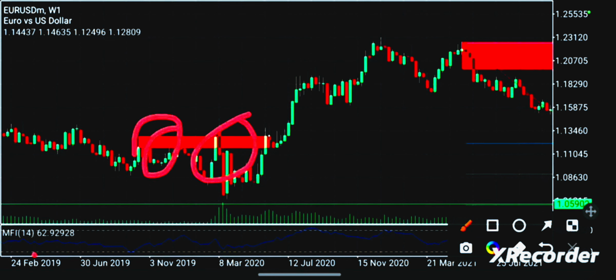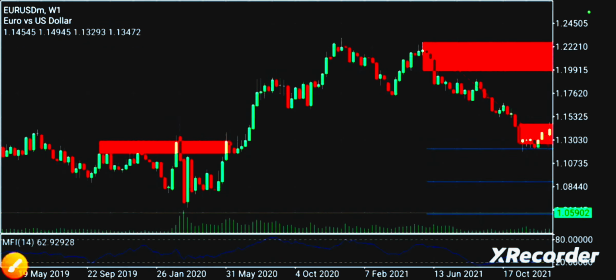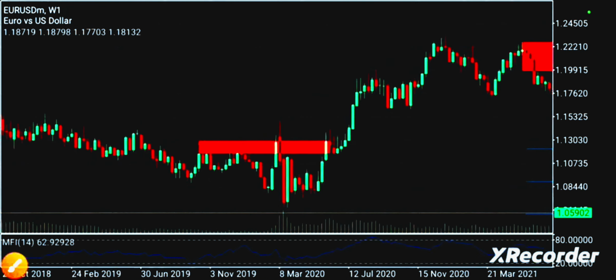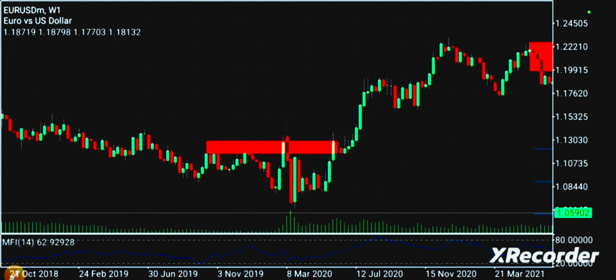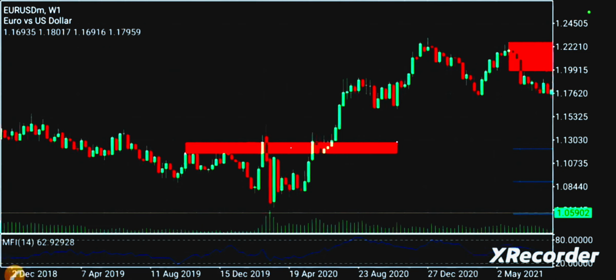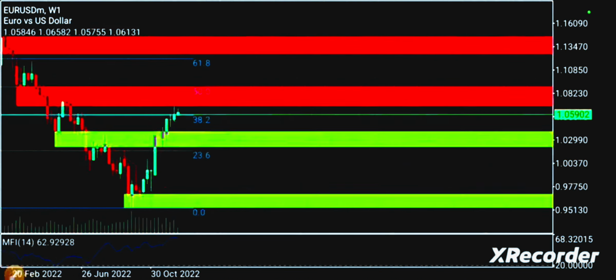That's what they use to plot these areas of supply and demand. And as you can see, these areas that they plot here, they do work, but I have found a better way to do this. What I use is the Fibonacci retracement.